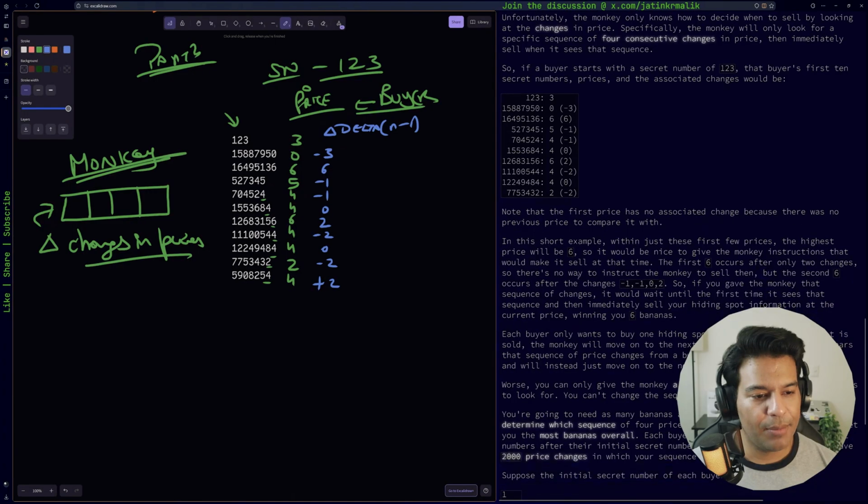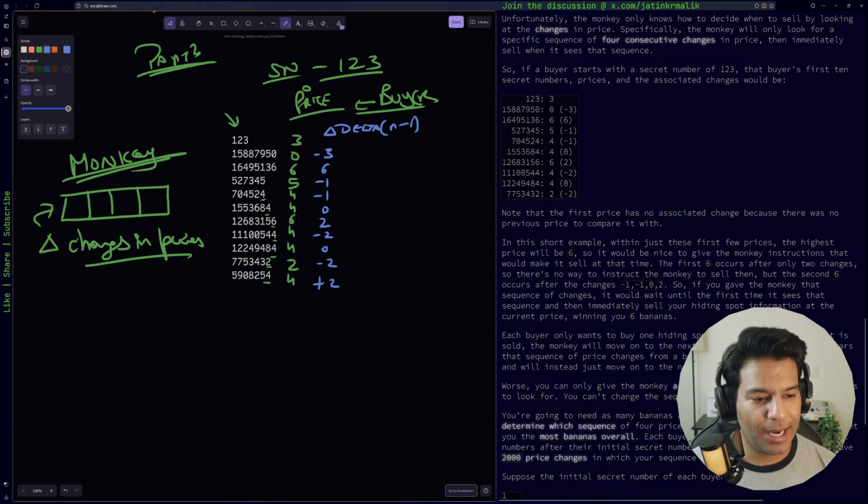In this short example, within just the first few prices, the highest price would be 6. We can see that the highest price is given here, which is 6. It would be nice to give the monkey instructions that would make it sell at that time. But the problem is that the first 6 occurs only after 2 changes.